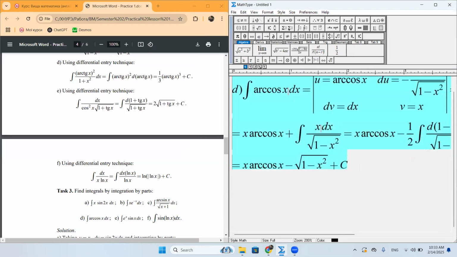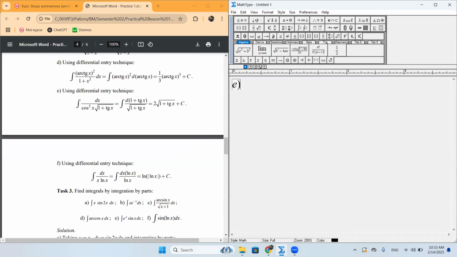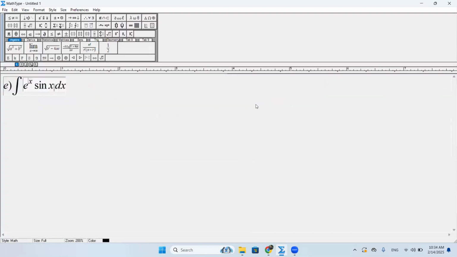So recurrence integral, you will understand why it's called in such a way. And let me remind you that it doesn't matter which part of this integral is taken as u and which is taken as v. But what is important? Now, for example, let's take the exponent as u.